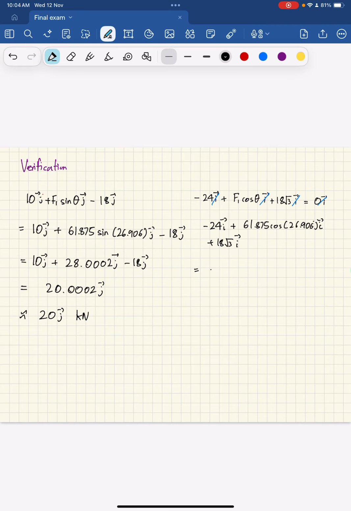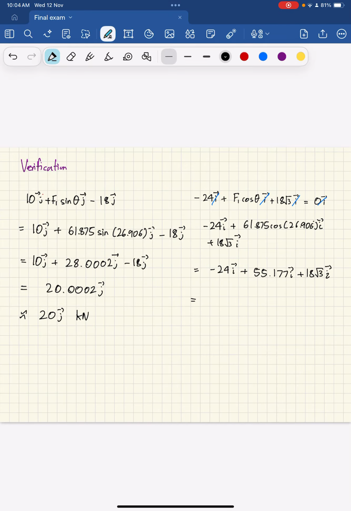So it becomes negative 24i plus 61.875 cosine 26.906. So it becomes 55.177i plus 18 root 3i. Okay, so after you compute all of this, you won't get exactly 0, by the way, but you'll get a number very close to 0 supposedly.